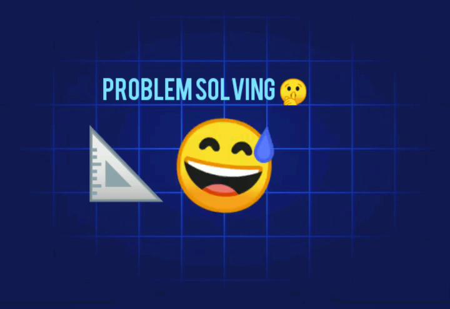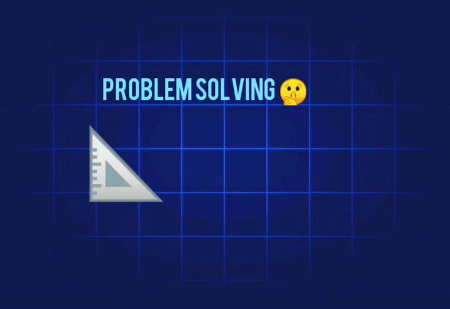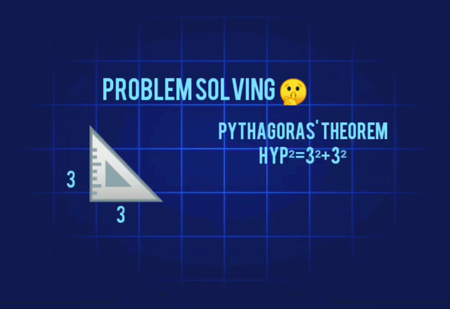No surds this time. But what if the two shorter sides were 3 units and 3 units? 3 squared is 9, and another 3 squared is 9. Add them together and we get 18. The square root of 18 is our answer. But we know how to simplify it. The square root of 18 becomes 3 times the square root of 2.